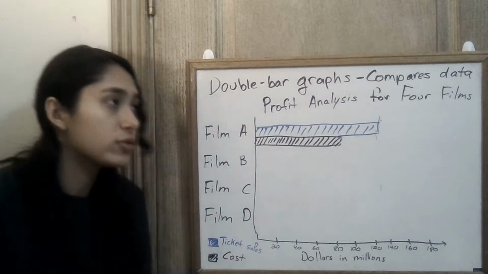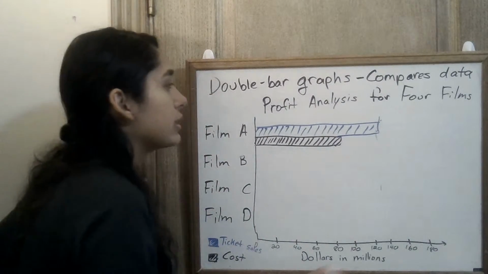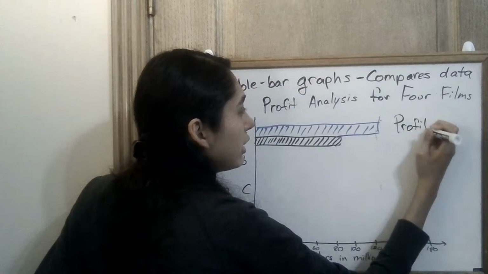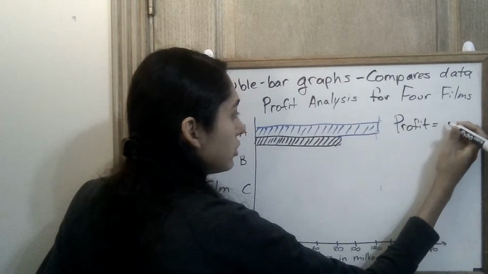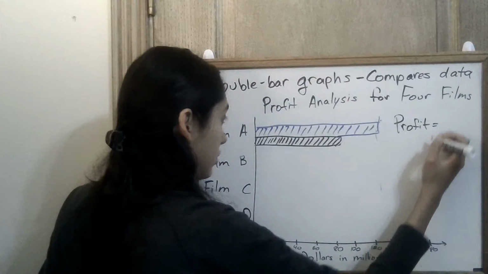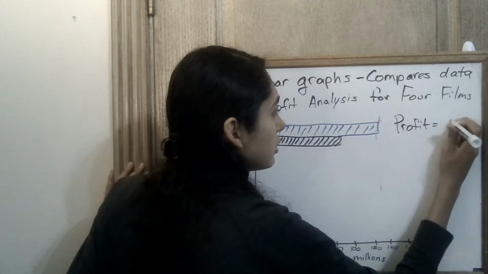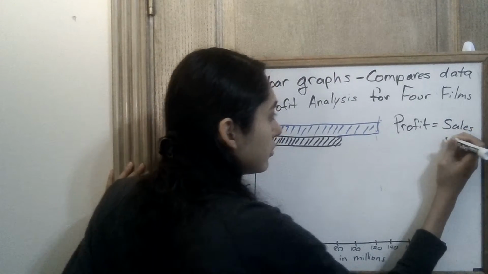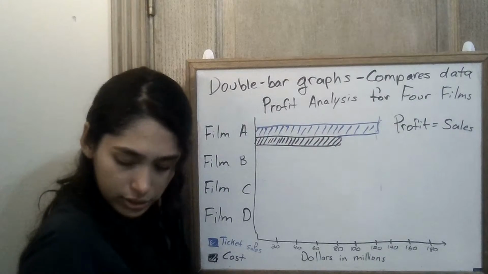This is the biggest rule for any business. Profit is sales minus cost. Let me write that out nicely.